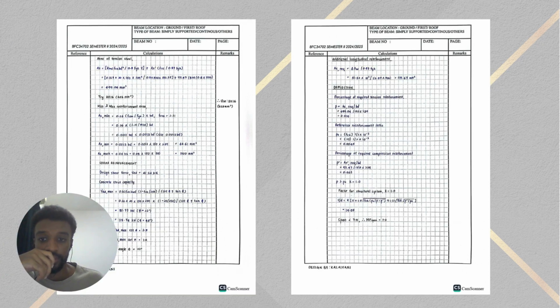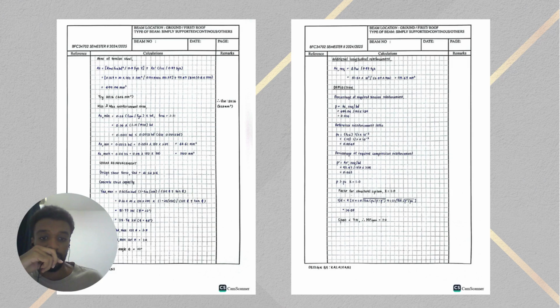For the tensile steel calculation, the required area of tension steel As is calculated by using the standard formula based on the beam parameters, and it equals 449.04 millimeter square. Then we choose the reinforcement 3H16 bars providing 603 millimeter square, which meets the requirements.